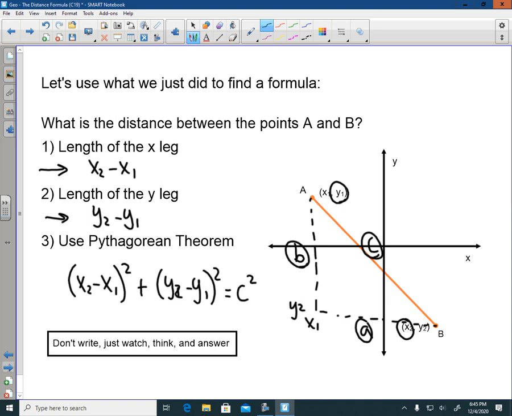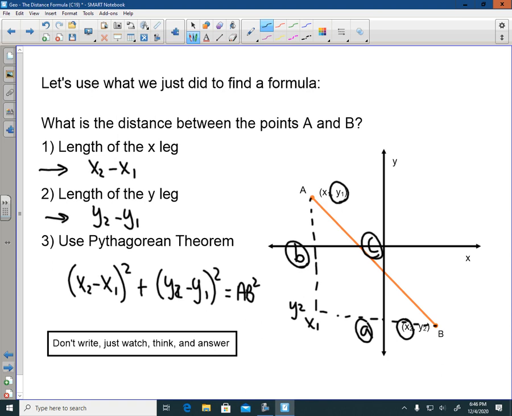C is actually called AB, so let's replace that C with the name of this segment, AB. And that, right there, is the distance formula. That's what it looks like.